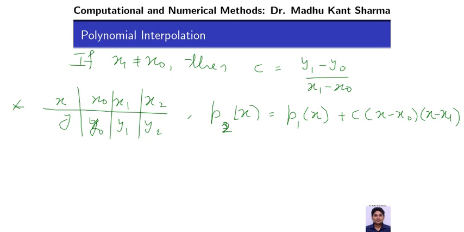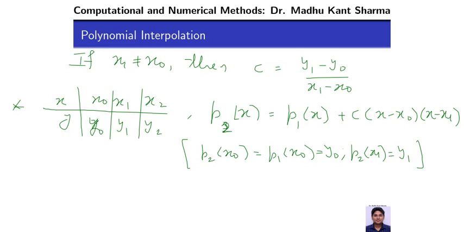Now note that P2 of x0 is equal to P1 of x0, and that is already y0. Similarly, P2 of x1 is equal to P1 of x1, which is y1. So two interpolating conditions are satisfied. The third interpolating condition is P2 of x2 equals P1 of x2 plus c times x2 minus x0 times x2 minus x1.